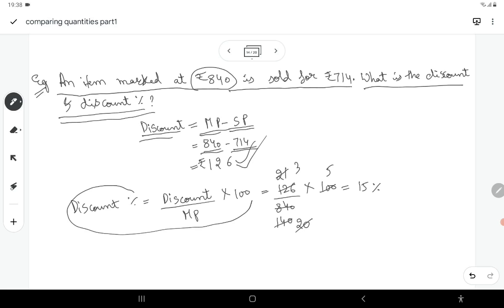And the formula for discount percent is discount divided by marked price into 100. So discount is 126 divided by marked price 840 into 100, which on solving comes to 15%.